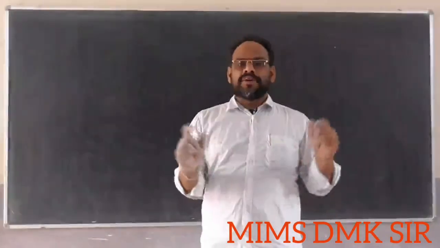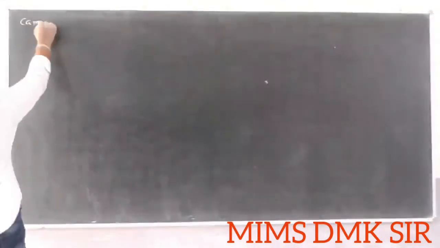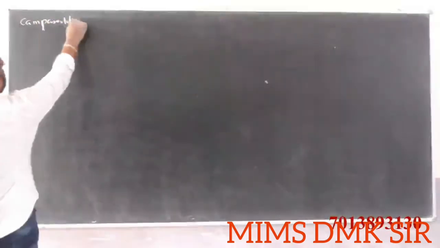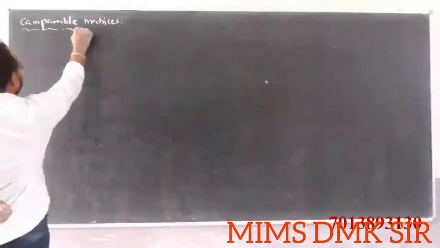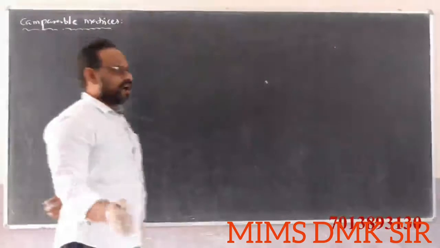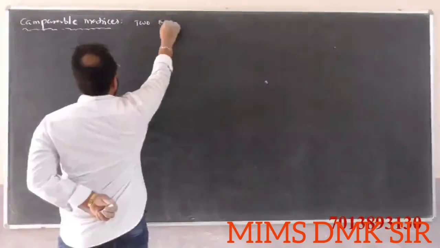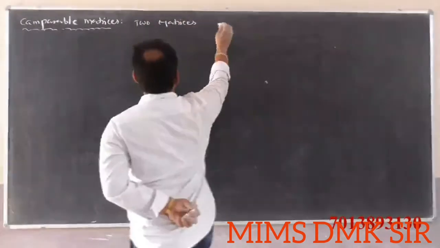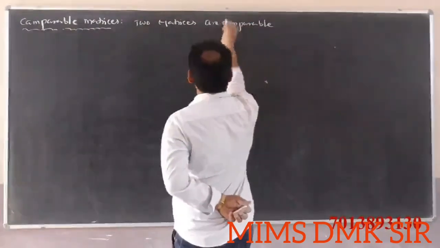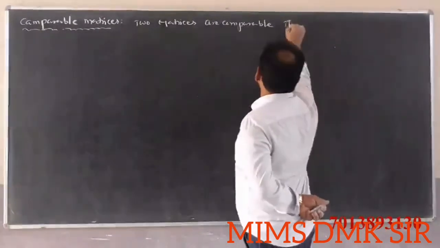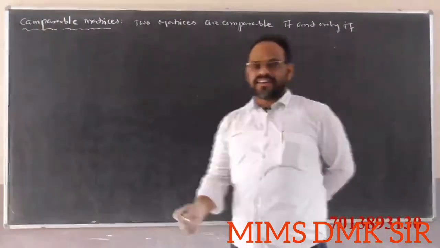How to compare two matrices? Observe here, comparable matrices. Two matrices are comparable if and only if their orders are the same.